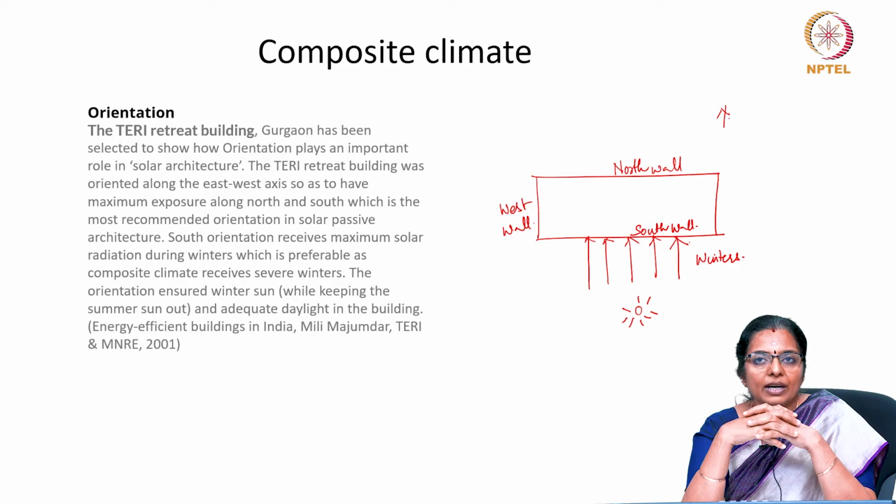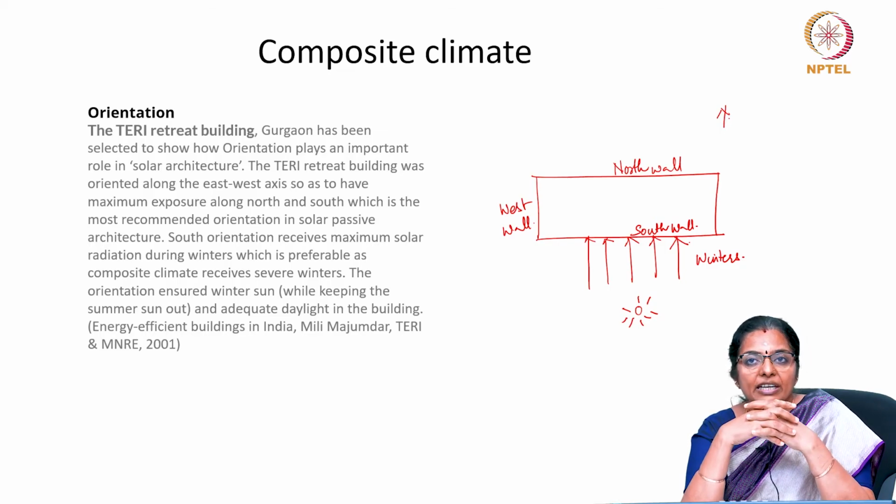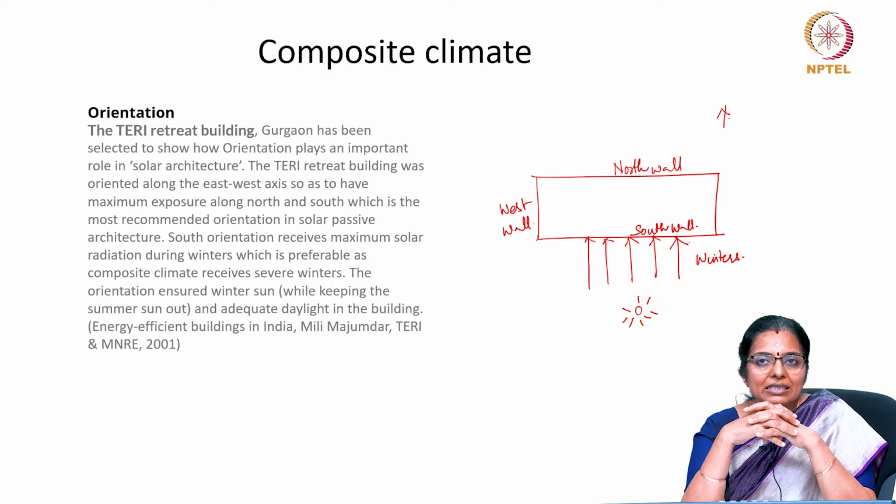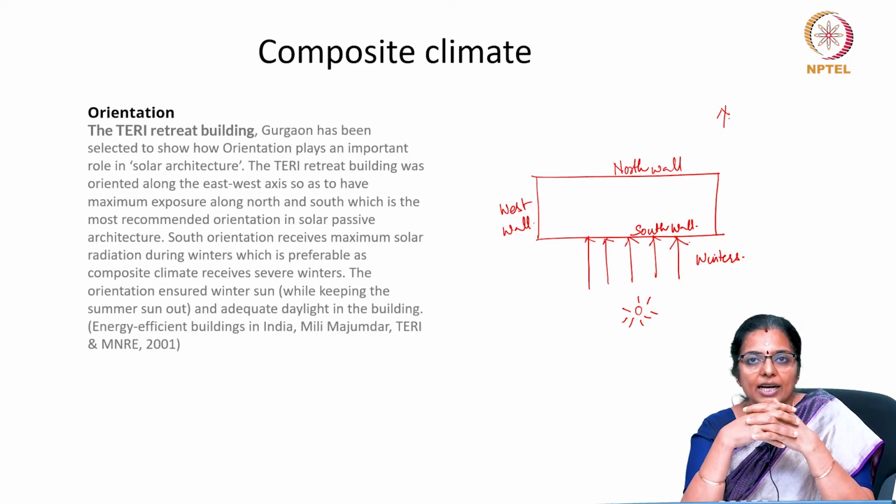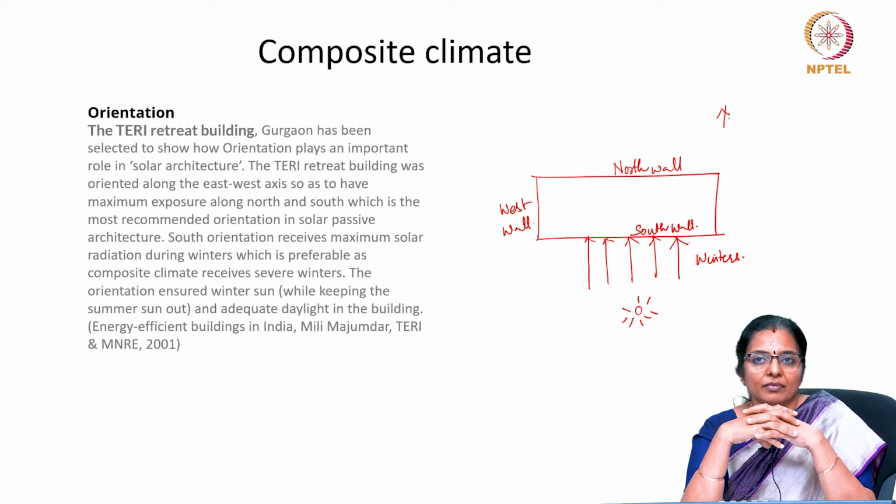The southern front can easily be designed for proper utilization of the winter sun and for protection against the summer sun. To achieve a proper sun penetration for natural lighting, solar heat gain and hygiene, the depth of the interior should not be excessive.